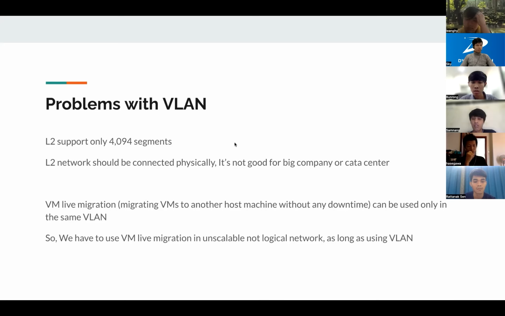Then, if you can explain with an example why VXLAN can support virtual machine live migration from one server to another, and they are, of course, in different L2 networks.